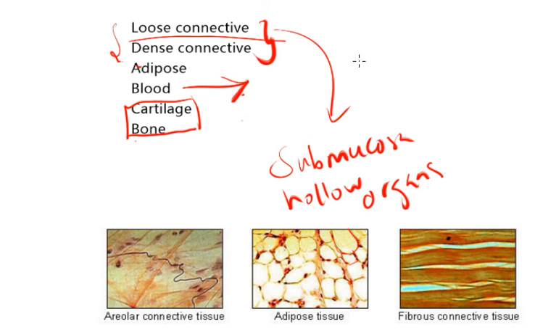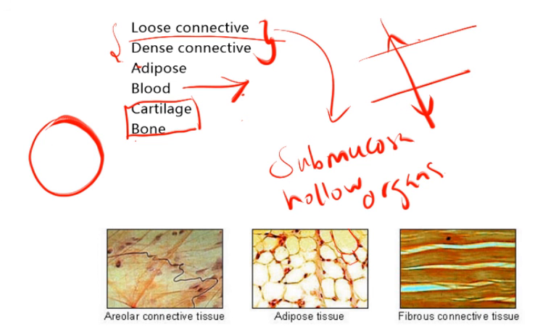For example, let's say the intestine. If I take a cross section of the intestine, like I said in the last video, you have the epithelium, and outside the epithelial layer or the mucosa you have another layer with connective tissue, which is mostly areolar type.